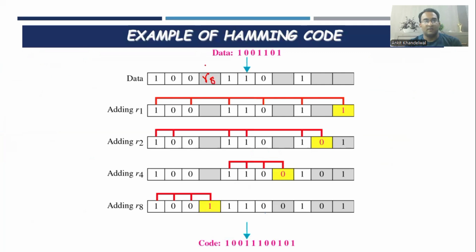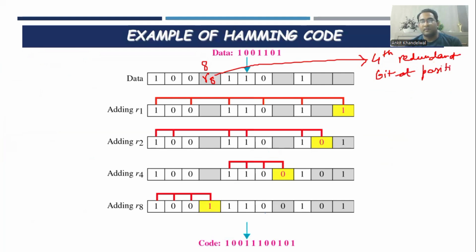This is R8 at 8th position, and this is the fourth redundant bit at position 8 of the transmitted message. Okay, transmitted message. Now, how to find out the value?